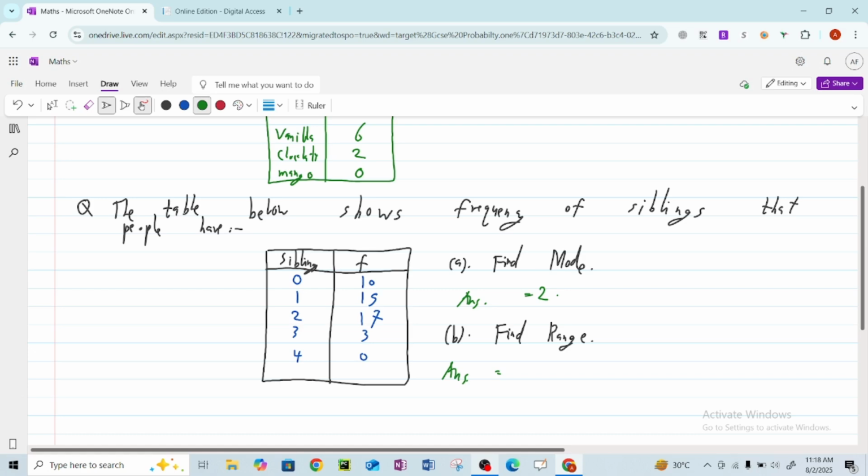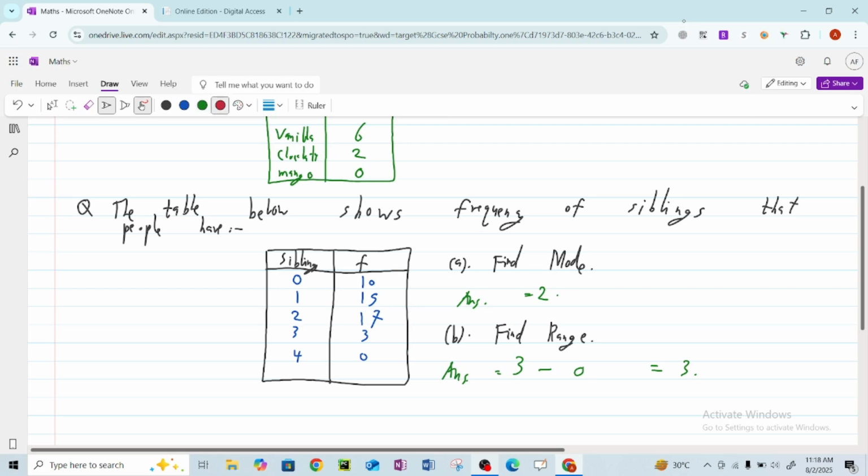No. Do we have anything in 4? We have nothing in 4. We have 0 people in 4, so we cannot take 4. We're going to take the next one, that is 3, because we have some people here. So that's 3 minus the lowest value, that is 0. That will just give me 3 in the end. That's my range.